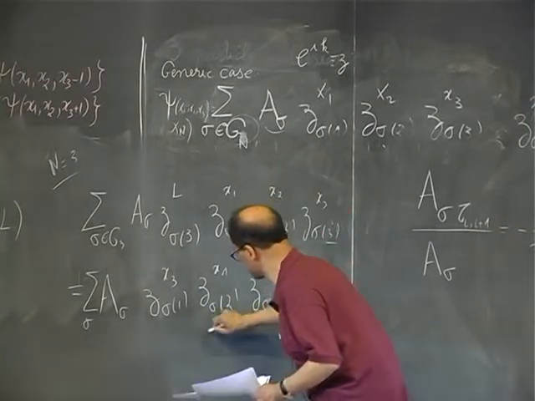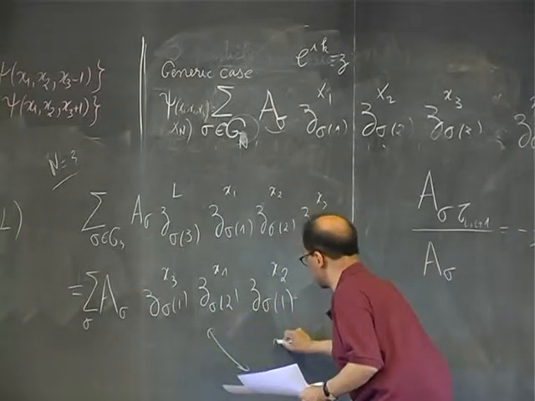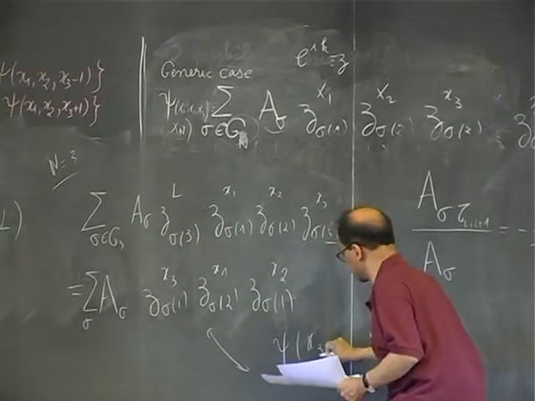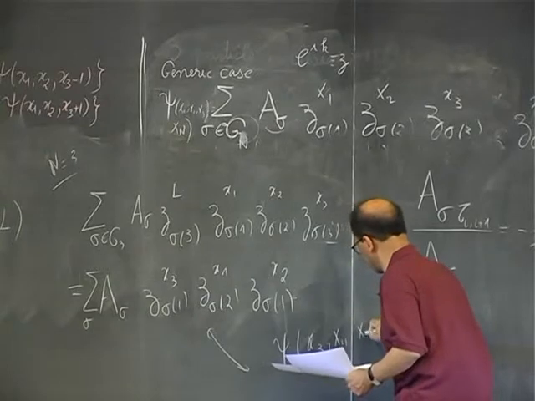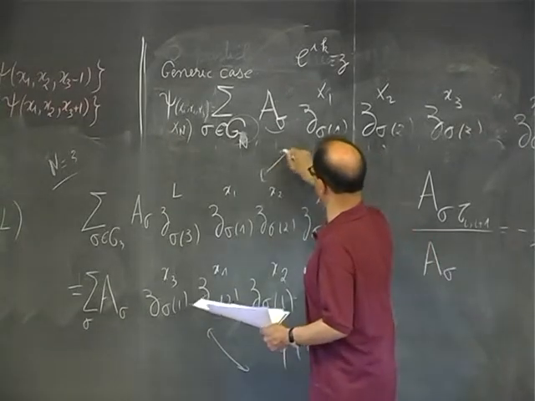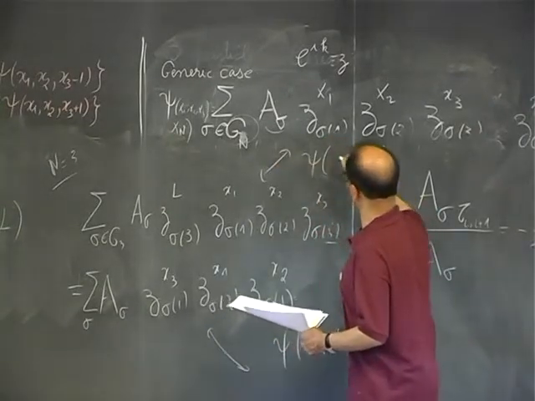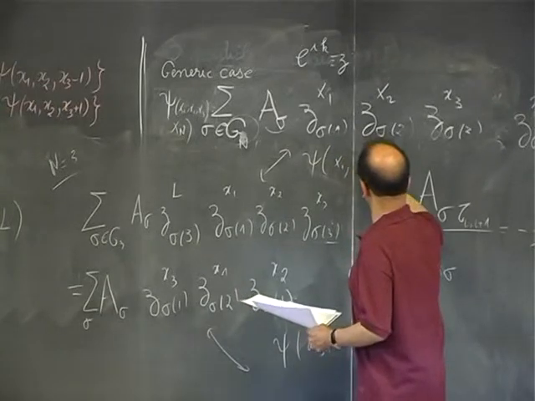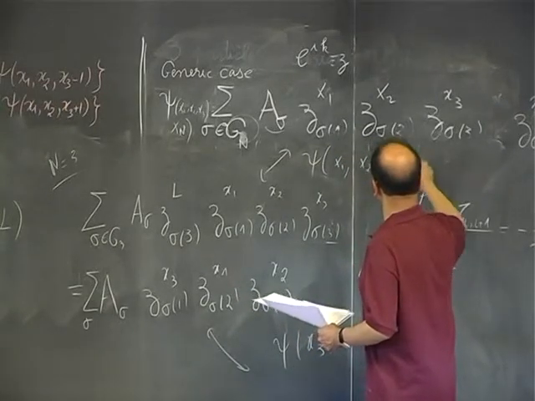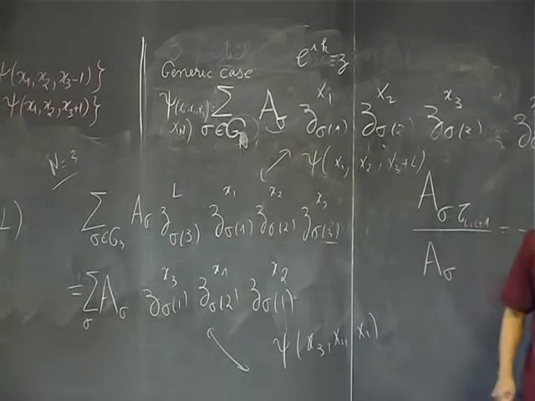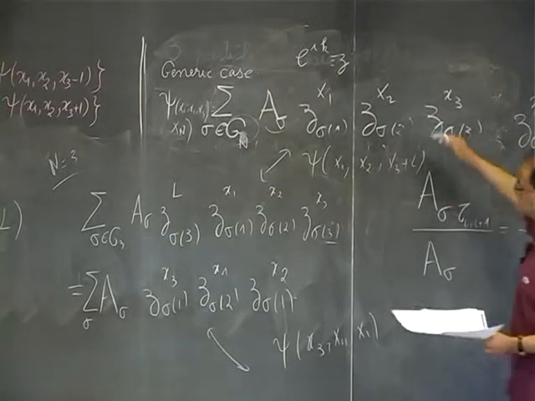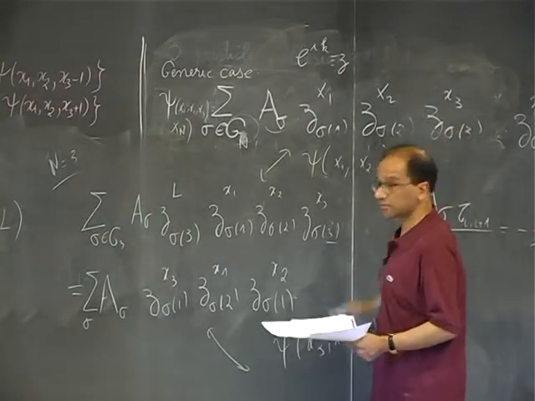So this is psi of x3 x2 x1, and this is psi of x1 x2 x3 plus L. Just substitution, okay? Just substitute the general form into that equation.